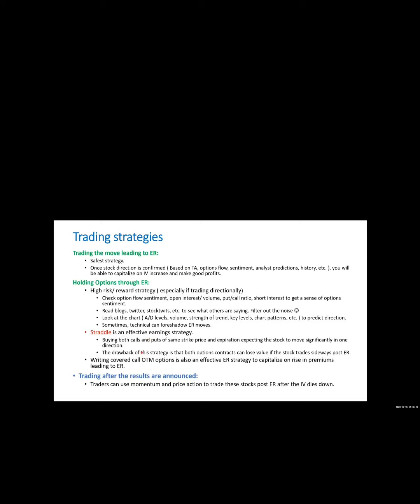The drawback of this strategy is that both option contracts can lose value if the stock trades sideways after the earnings result. So that's always a drawback. Since you're buying both calls and puts, you're risking twice the amount, and if the stock makes a no-show after earnings, then both your contracts are going to lose value, and you're going to lose twice as much money.